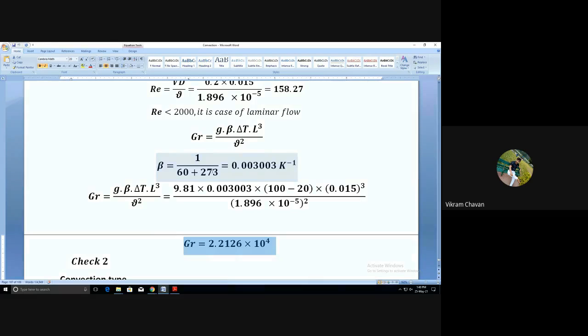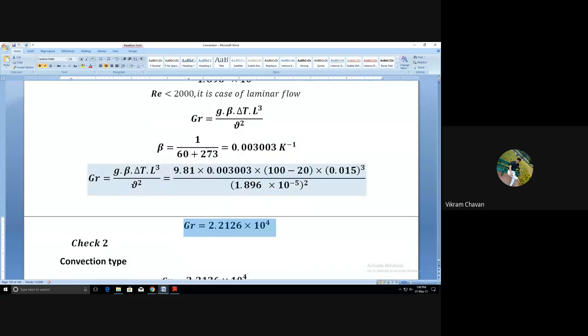Grashoff's number 2.208. Okay, so some slight difference is there. Okay, great. Then it will be right. Grashoff's number is equal to 2.2126 into 10 raised to 4. Okay, so right, these are the right values.